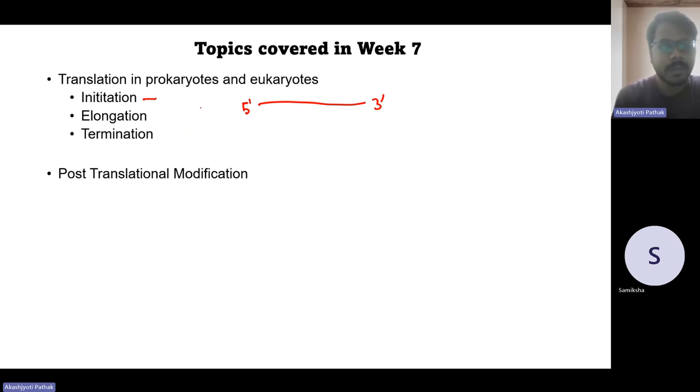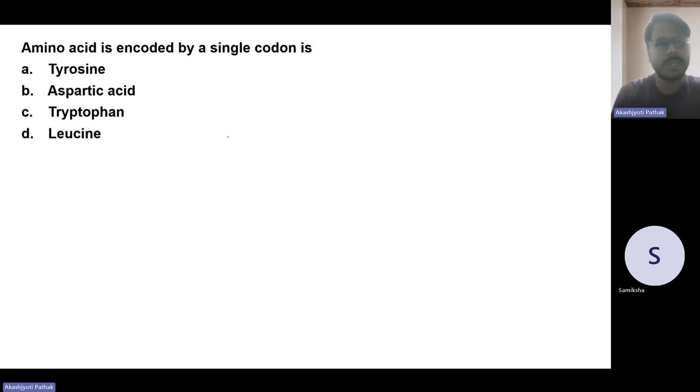We will look at these one by one, and then we move to elongation and then termination. And in the last part of the lecture, we also learned about the post-translational modification. So let's start with the first question today.